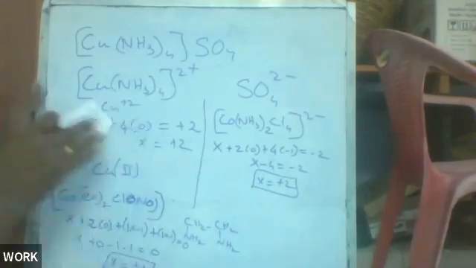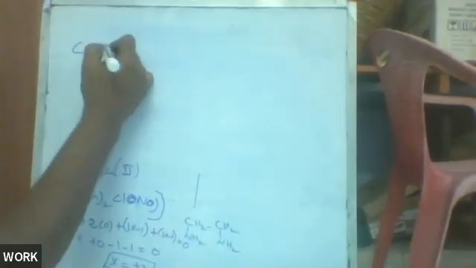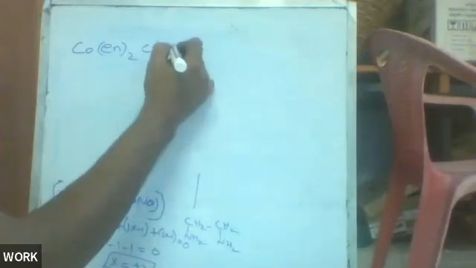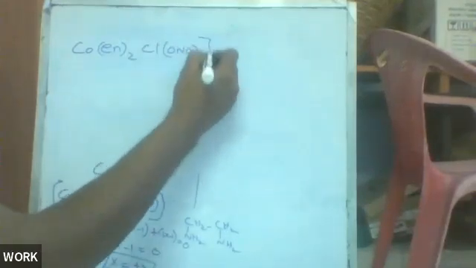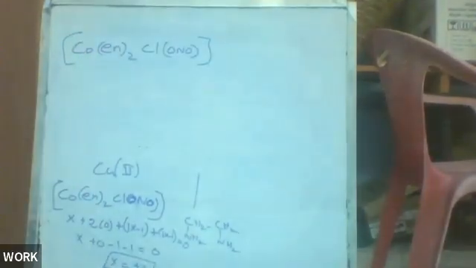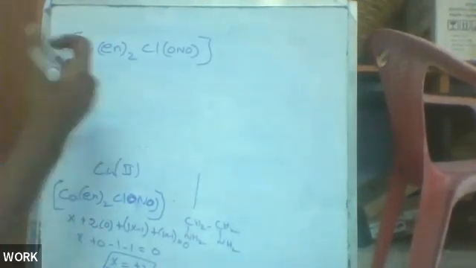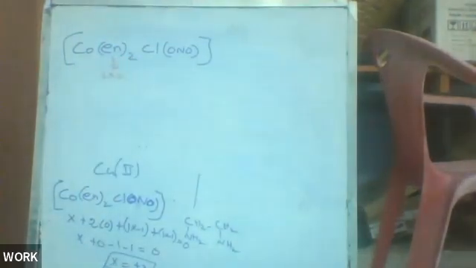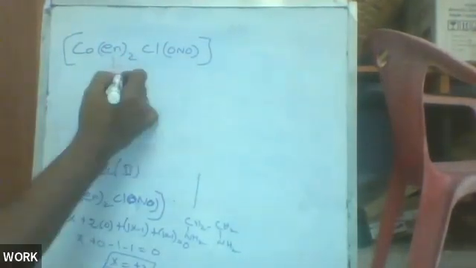So I will write legibly. So you are taking Co, en twice, Cl, ONO, the ligands. Everything you put in the coordination sphere. So it gives 2 into 0. Correct?